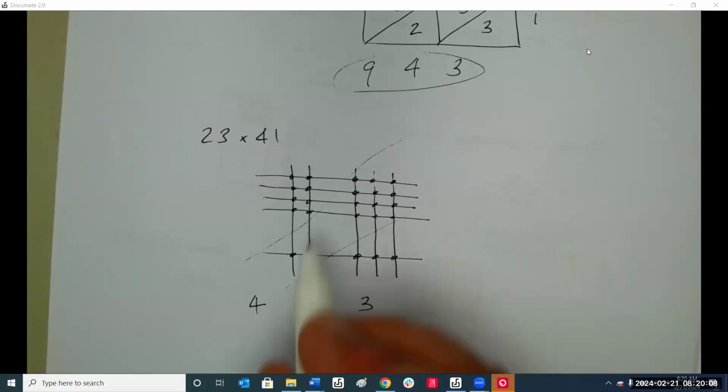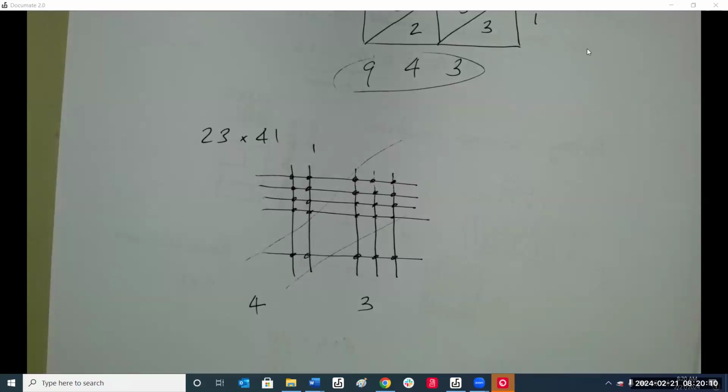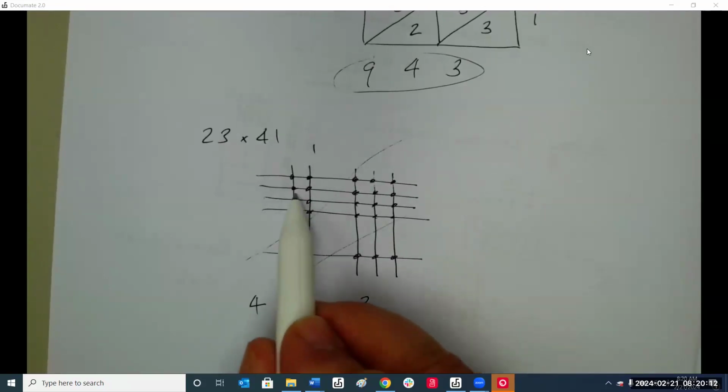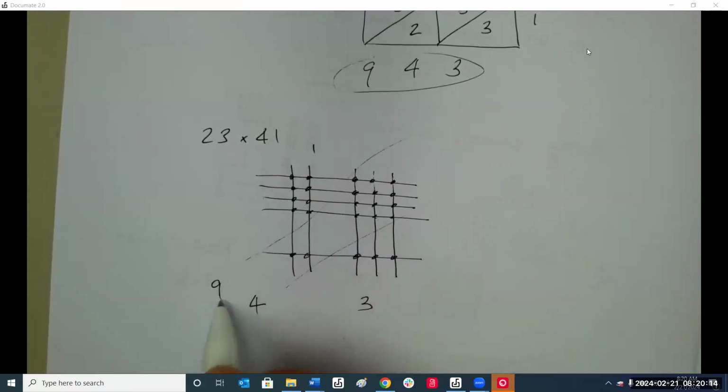So it's a 4, carry the 1. 1, 2, 3, 4, 5, 6, 7, 8, 9. 943. This method, I've noticed that helps kids do multiplication a lot faster because they can see it much more readily.